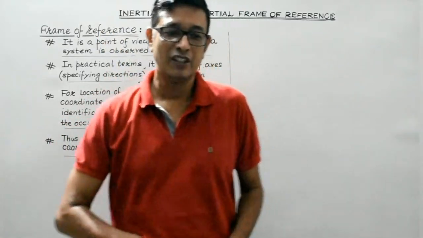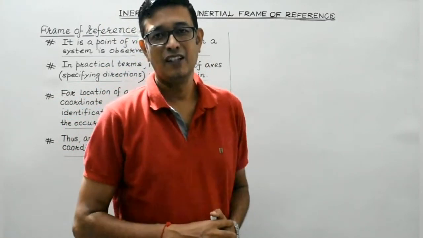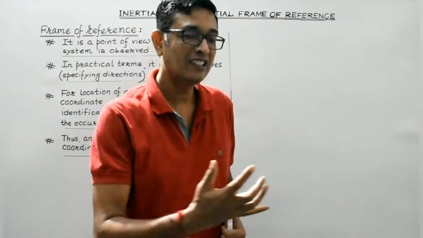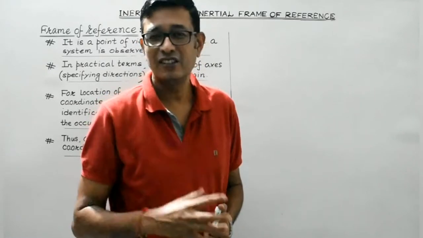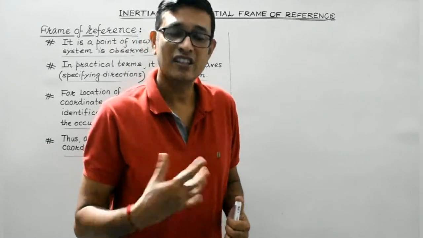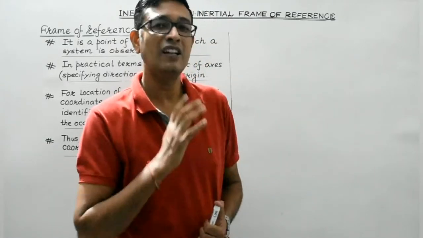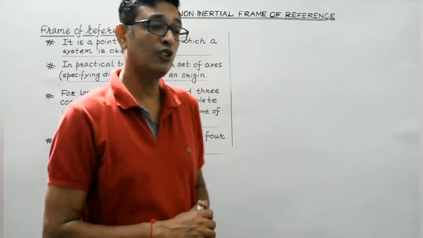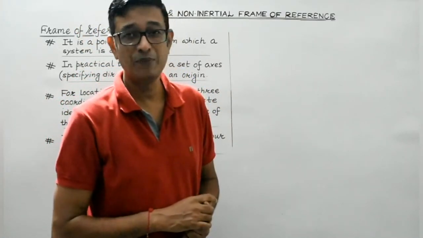In order to describe the position of a particle, we require x, y and z axis, isn't it? So these are the axes which are required to describe the position of a particular object or a body with respect to the origin, and also the time of occurrence of an event. That is also very important.